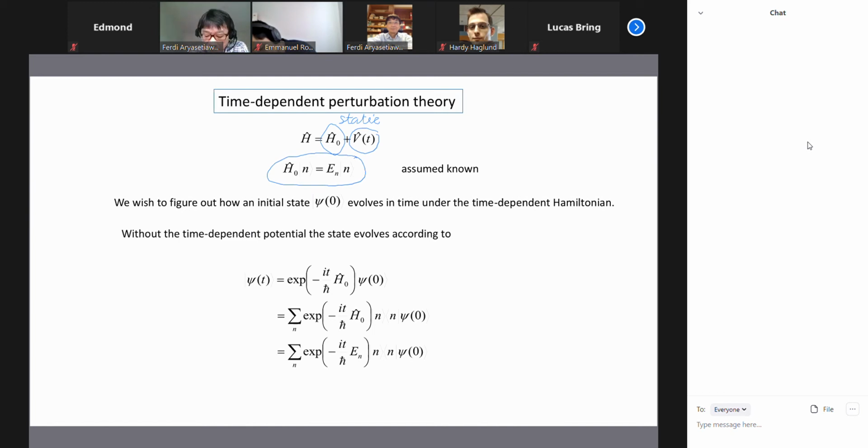We know the eigenfunctions and eigenvalues of the H0, the static unperturbed Hamiltonian. So we do the exact formulation first, and then later we do time-dependent perturbation theory. One of the main goals here is we want to figure out how an initial state evolves under this time-dependent Hamiltonian.